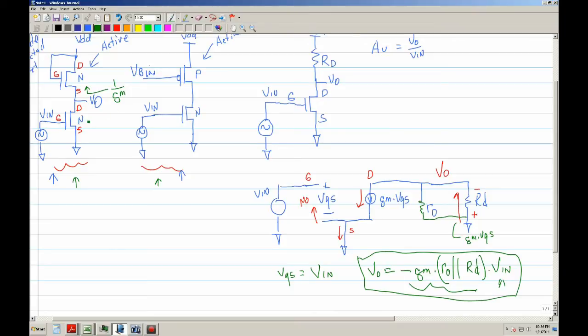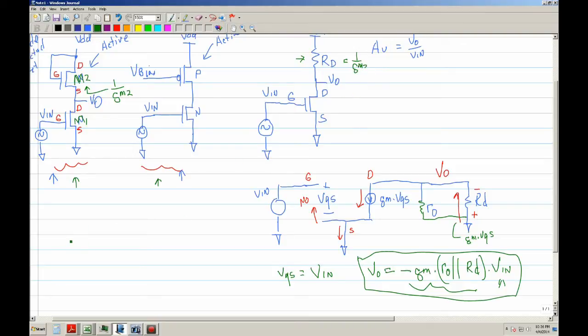We'll go ahead and say that this is MOSFET M1 and this is MOSFET M2. So the impedance looking into the source of M2 is 1 over gm2. So in a way, this is exactly like this. It's like a resistor.